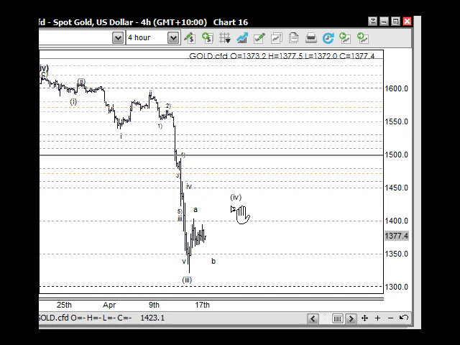But they do normally work out the energy more so in time: wave 2 will do it in terms of price, wave 4 will do it in terms of time. So I let it mature, just allow it to mature.